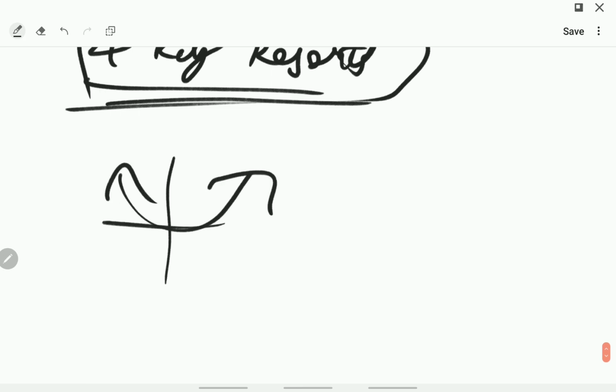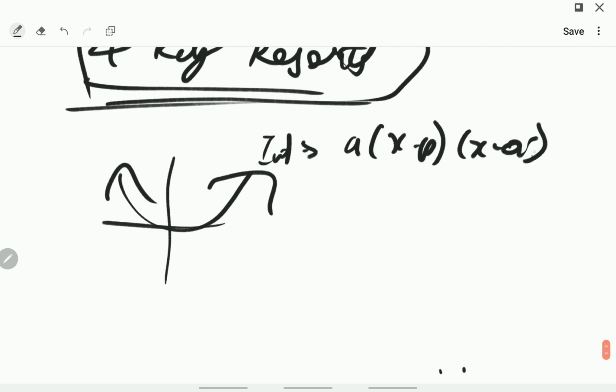Okay, we know concave up, concave down, all this good stuff. Of course, we have some problems too. What's the intercept form again? It should come to your mind instantly. The intercept form uses the x-intercepts, so it's a(x minus p)(x minus q). Okay, that is the intercept form.